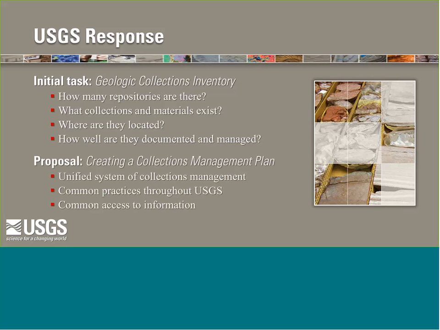And the second phase was to create a collections management plan, a plan that would fit what these repositories that responded need in terms of collections management and access and preservation and storage.